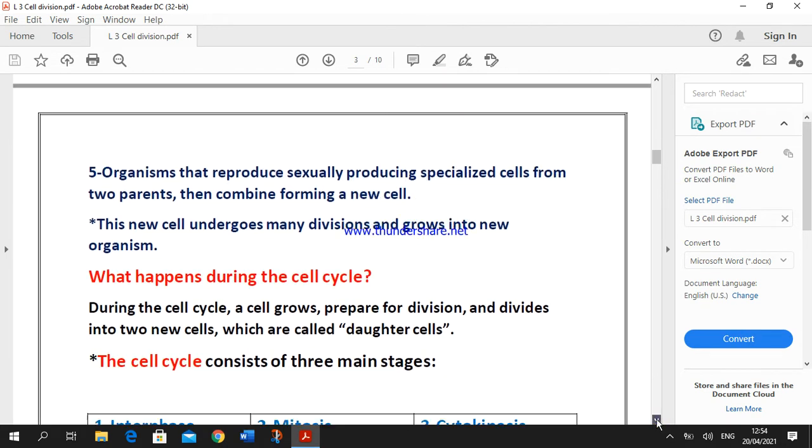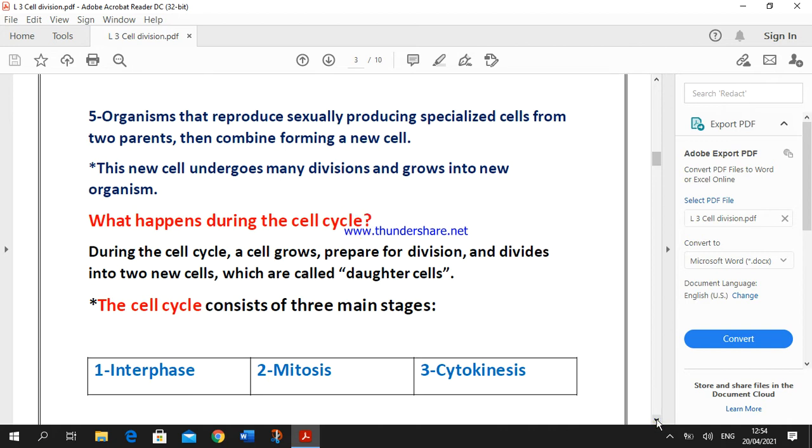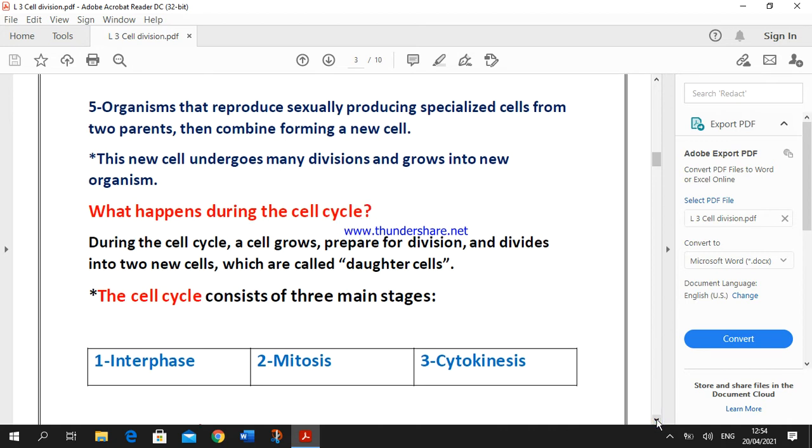And organisms that reproduce sexually produce specialized cells from two parents, male and female, then the two specialized cells can combine together, forming a new cell known as zygote, okay?